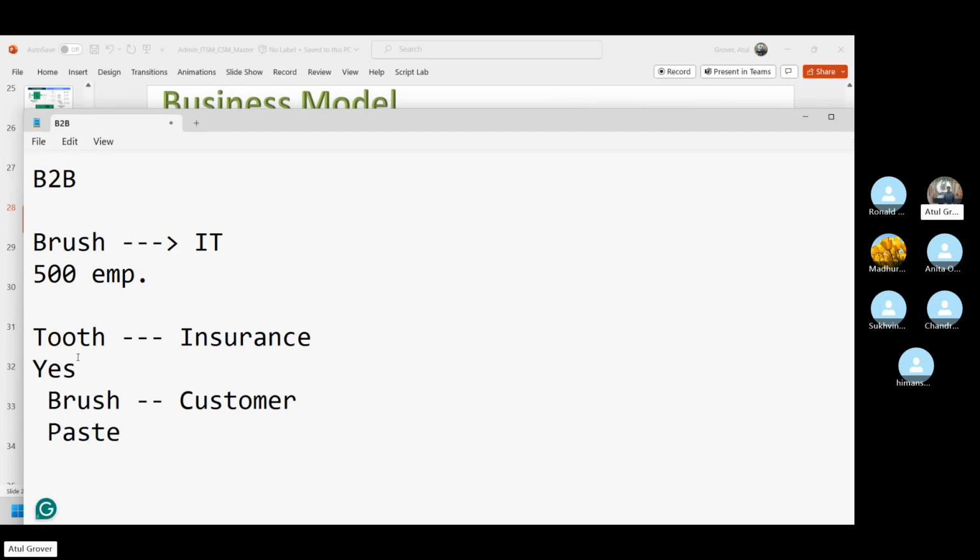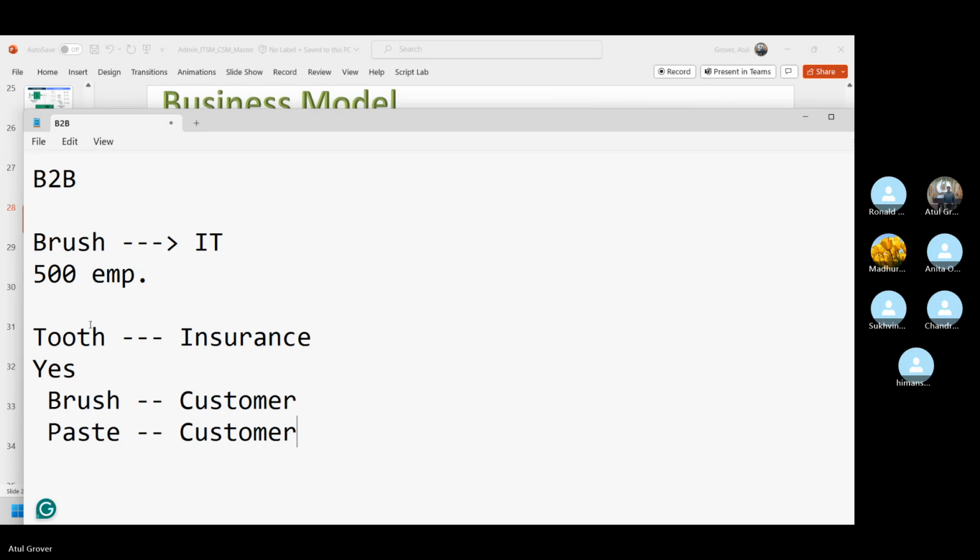Let's say another company, they're a Paste customer. Right? This model is called B2B, business to business. It means in this case both are companies, but one company is taking the services from the other company.